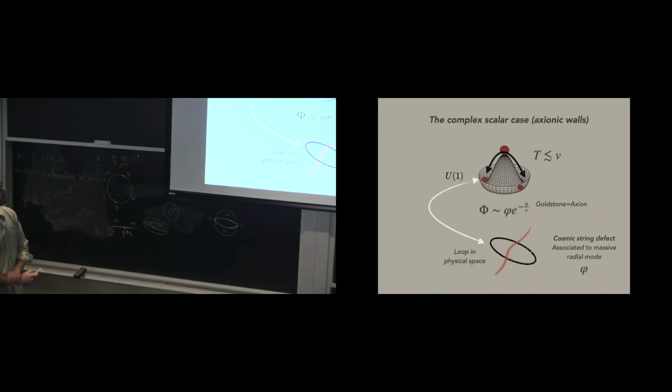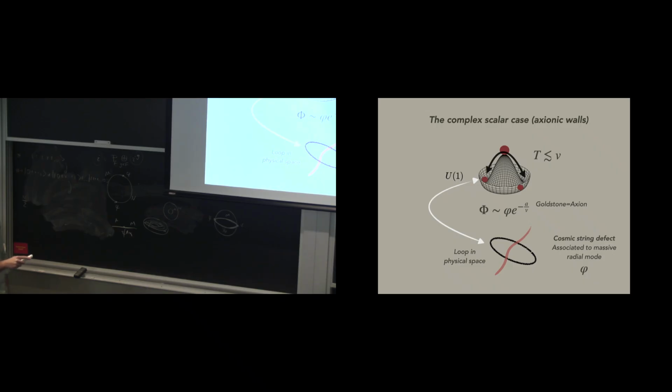So for those of you that are more interested in particle physics, of course, there is a very important example in particle physics that is interesting, probably more interesting than the simple Z2 model I was showing, but I'm not sure. That is the complex scalar case, or also the axion case, as it's typically called. So let me just outline how the same thing happens for a complex scalar.